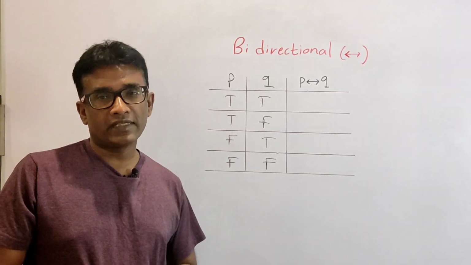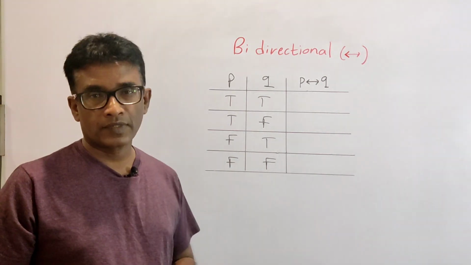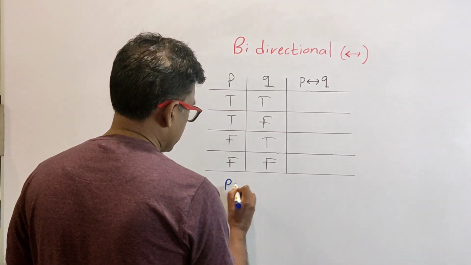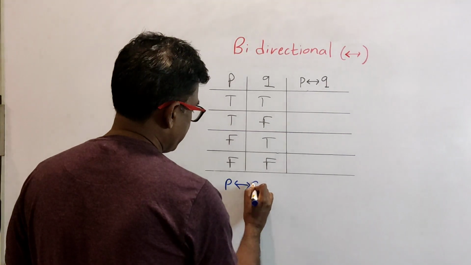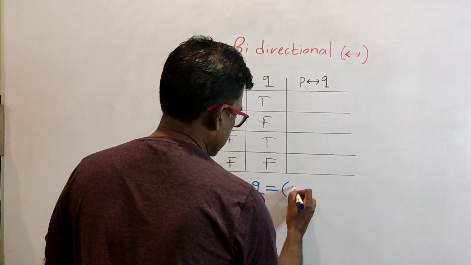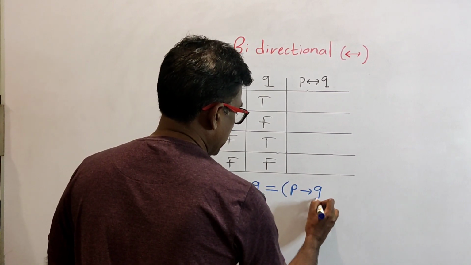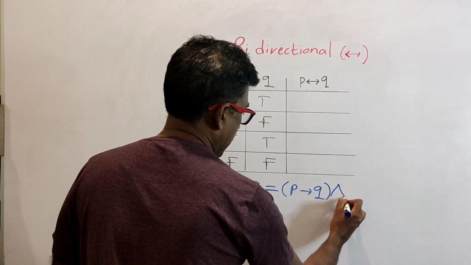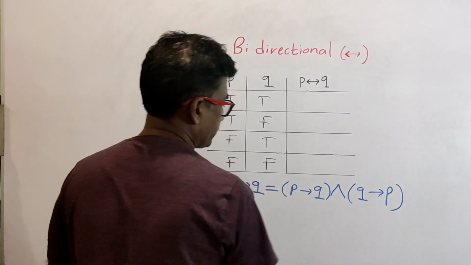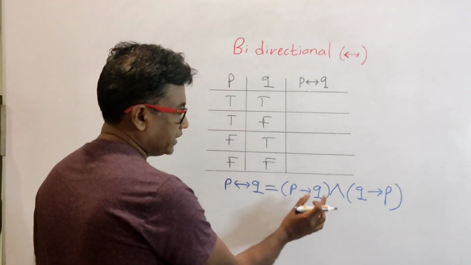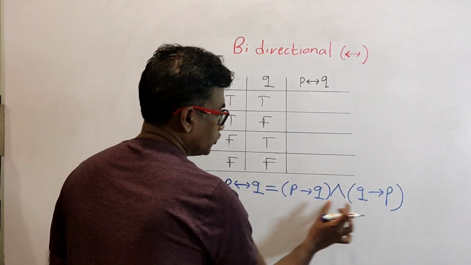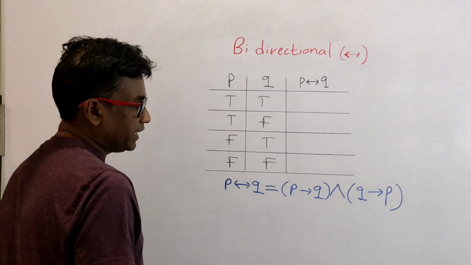Then we come to bidirectional implications. Now we know that the bidirectional implication P if and only if Q is actually the conjunction P implies Q and Q implies P. Now we already know the rule associated with these two unidirectional implications.